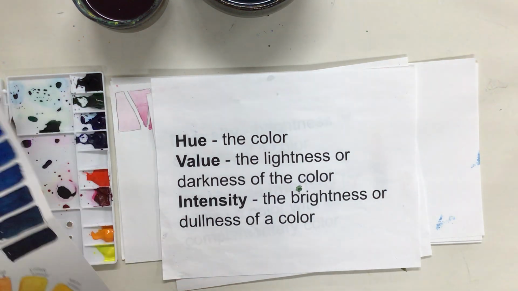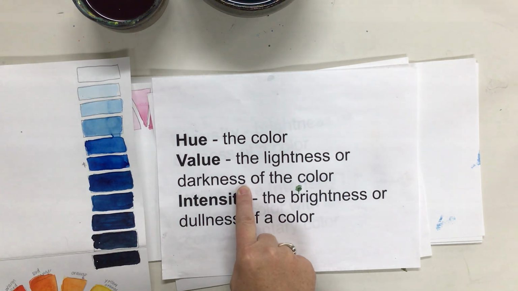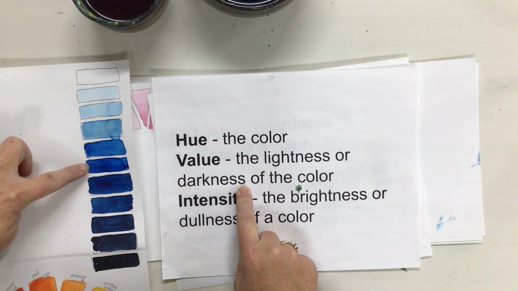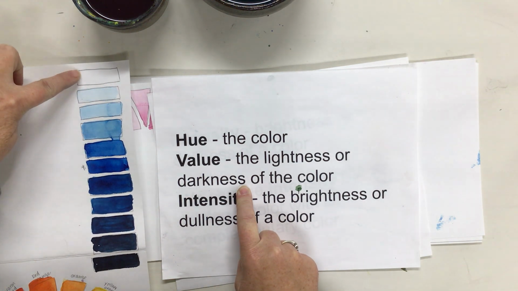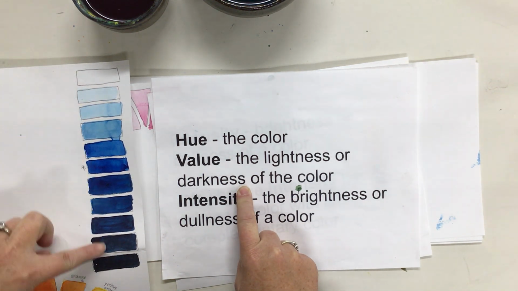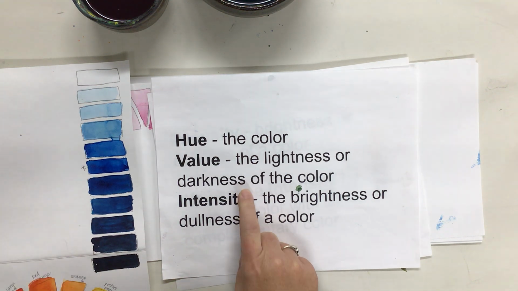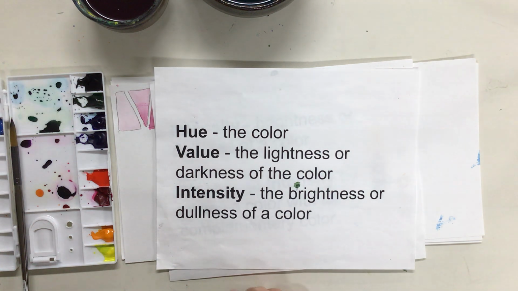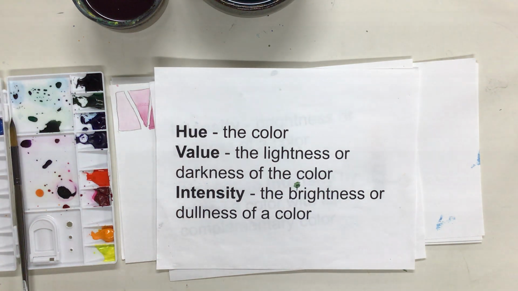We have also created a value scale, where we changed a color's value. We added water to make the color lighter, and we added black to make the color darker. And now we are on the final component of color, which is intensity.